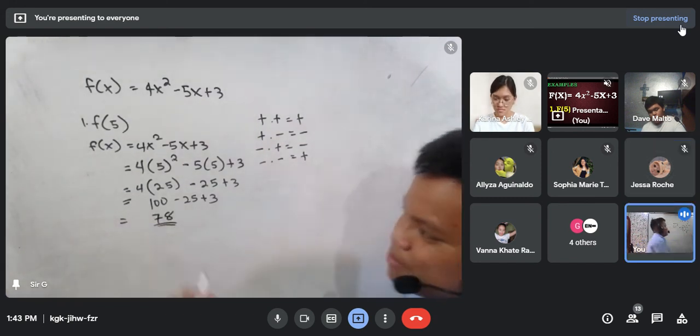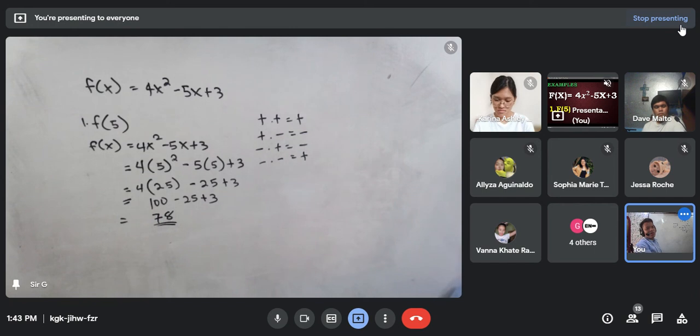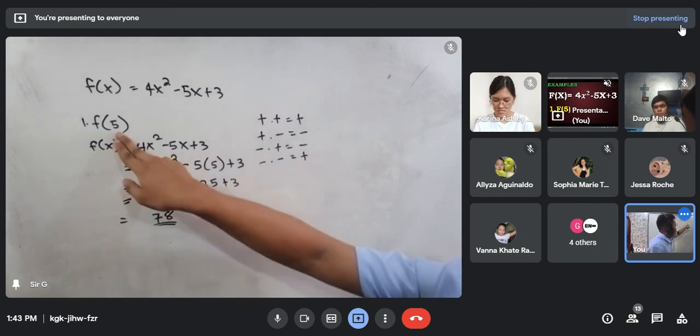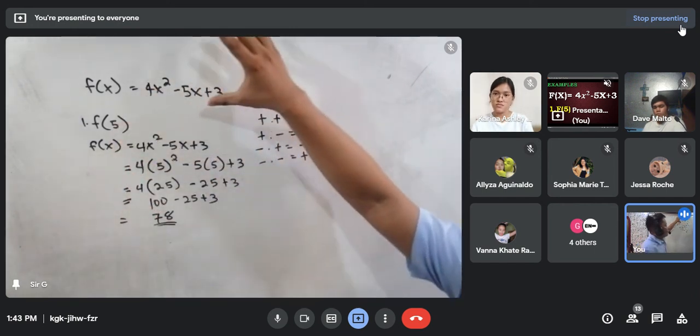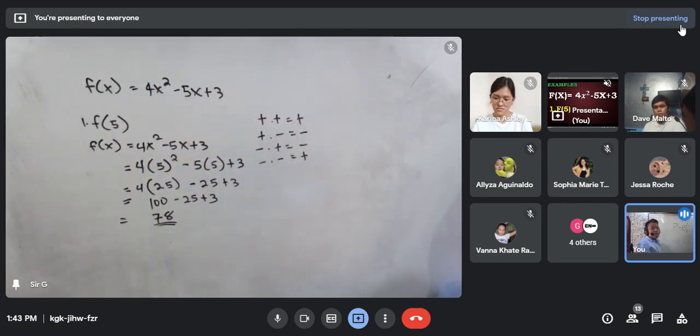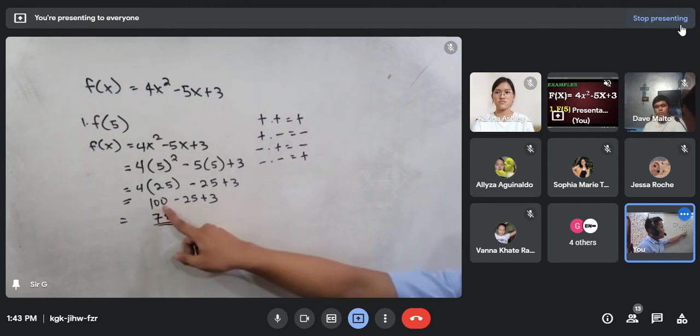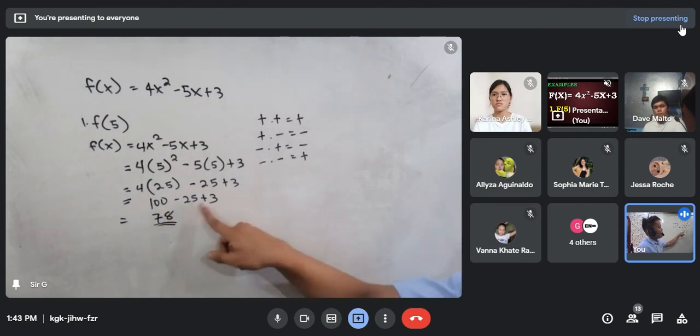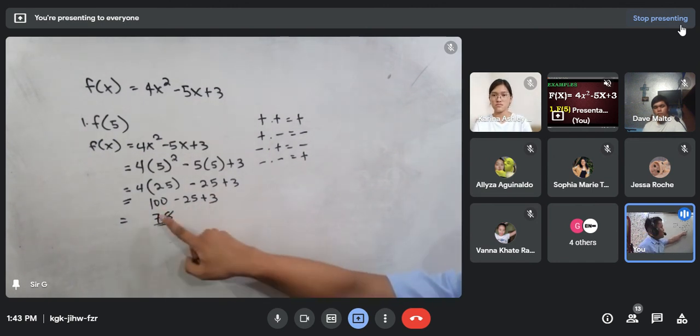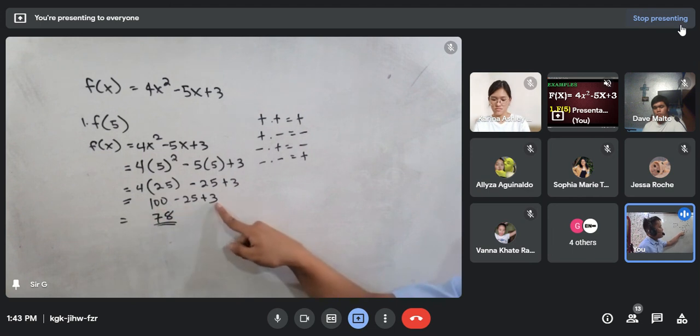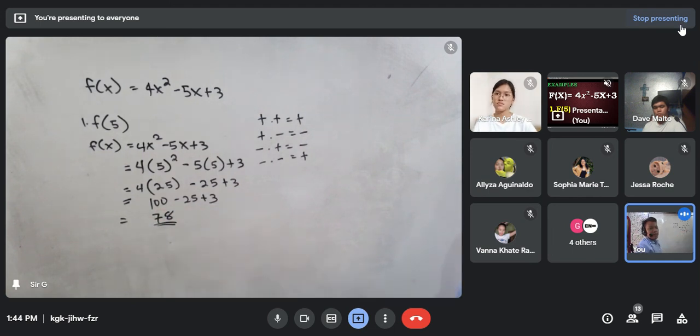So, if f of 5, kapag inano natin sa function ng 4x squared minus 5x plus 3, the answer will be 78. Kahit naman ganito: 100 minus 25, 75 plus 3, 78. O 100 plus 3 is equal to 103 minus 25 is equal to 78.